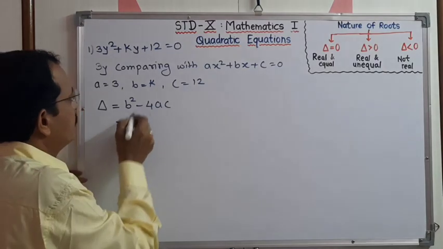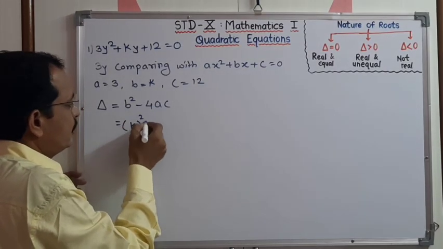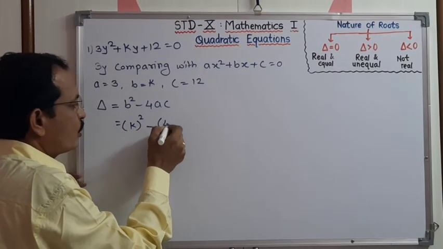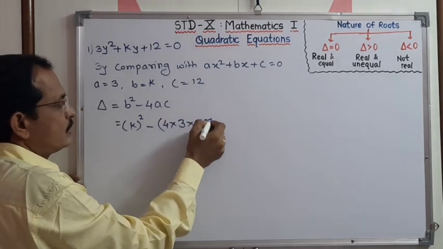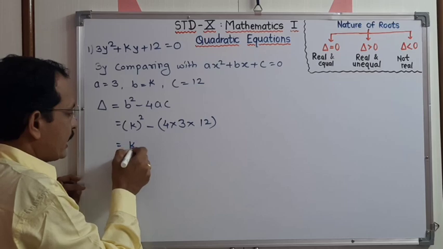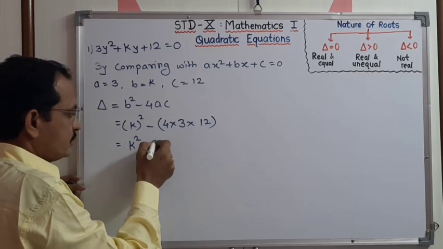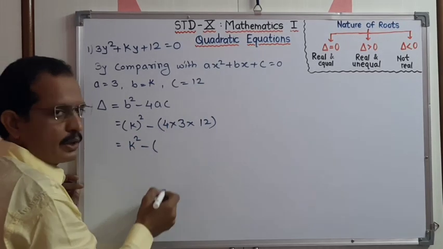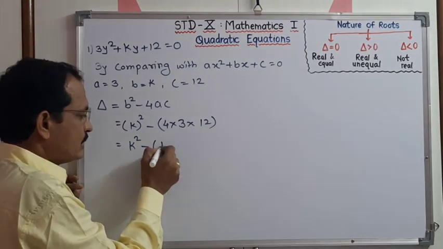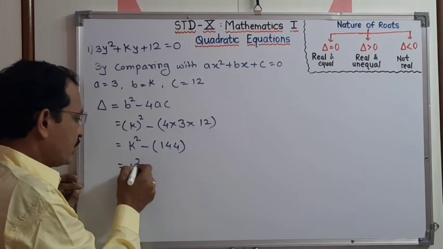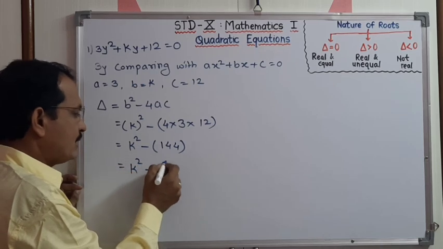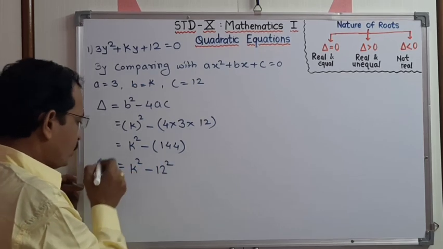Here b is k, minus 4 into a is 3 and c is 12. Now here k square minus, here 4 3s are 12 and 12 12s are 144. Therefore we get here k square minus 12 square. This is the value of delta.